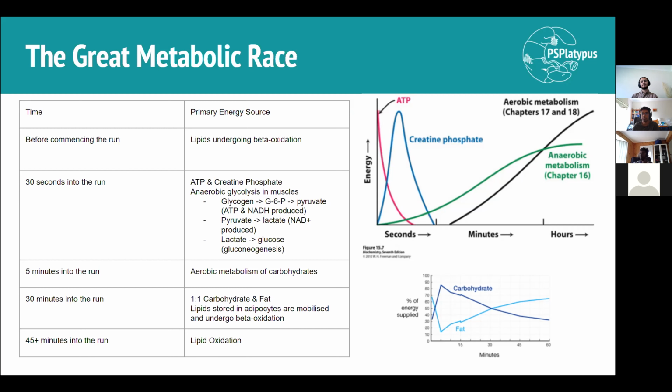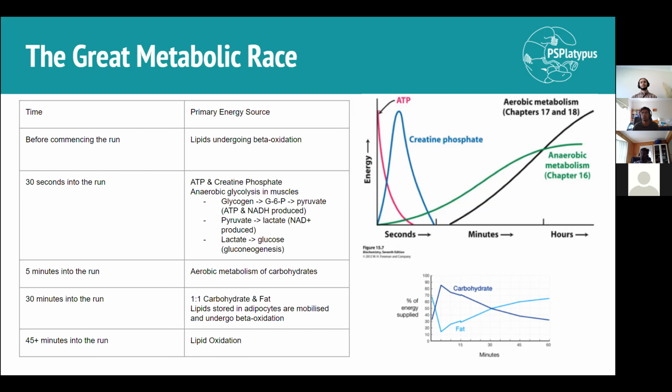About 5 minutes into the run, aerobic metabolism begins, which rises at a steeper angle because of the amount of ATP yield that process has. So just a couple of minutes later, you're going to have aerobic metabolism provide the vast majority of your energy needs.